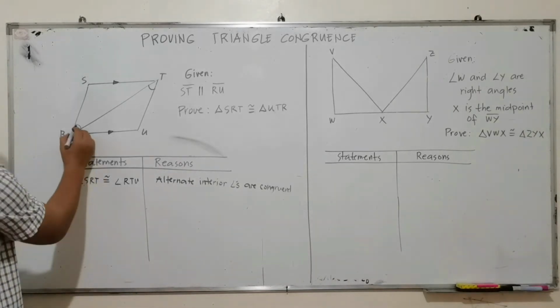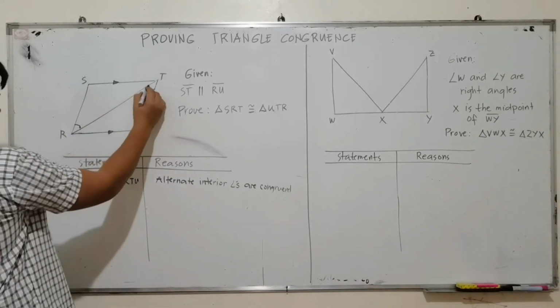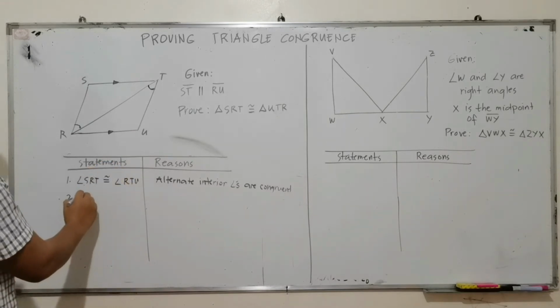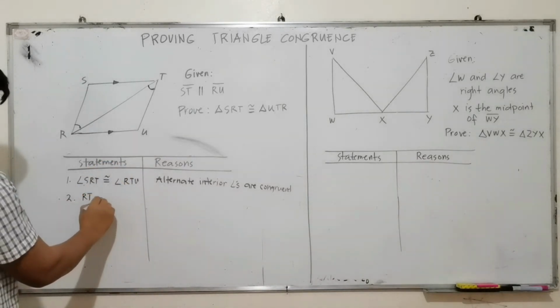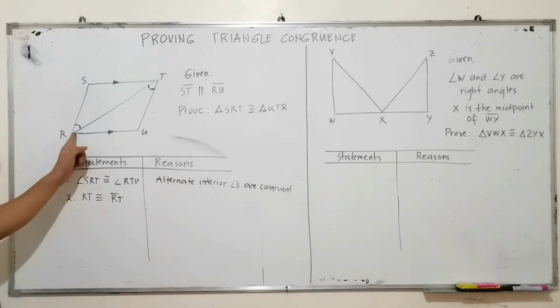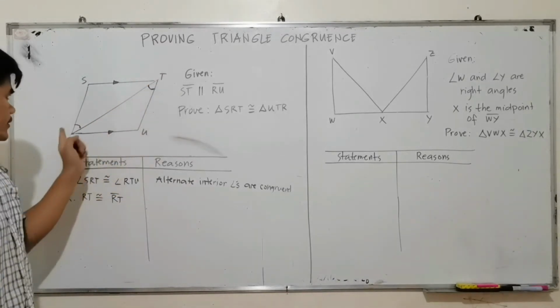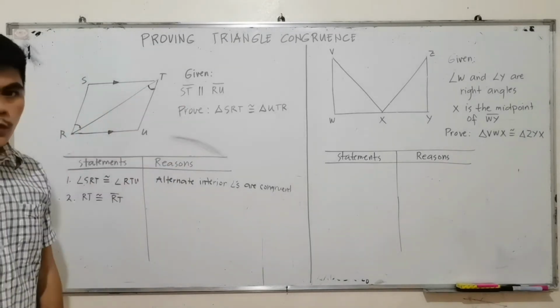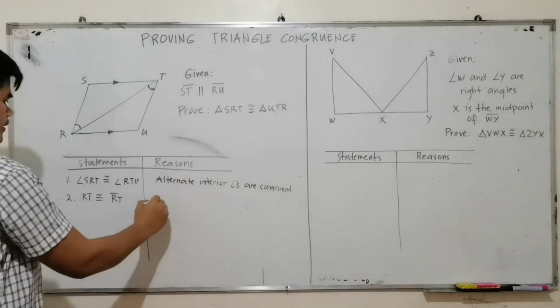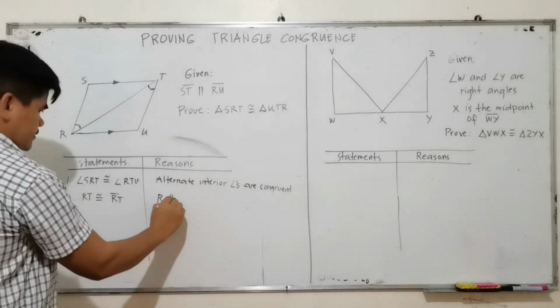We have angle here, right? And this angle here. Number 2, we have RT is congruent with RT. That is very clear that RT is congruent with RT. Very obvious, right? The reason is reflexive property.